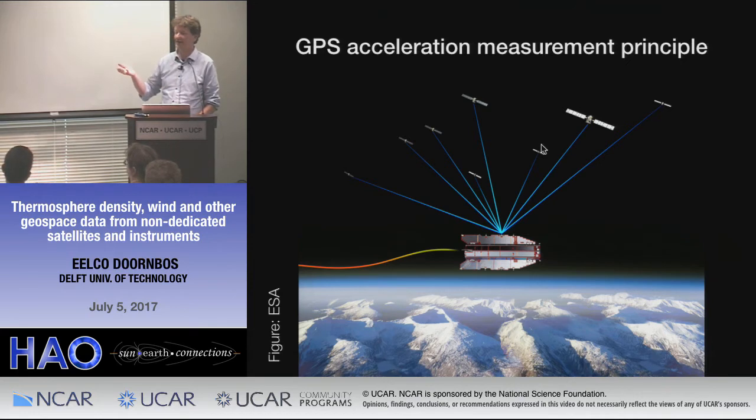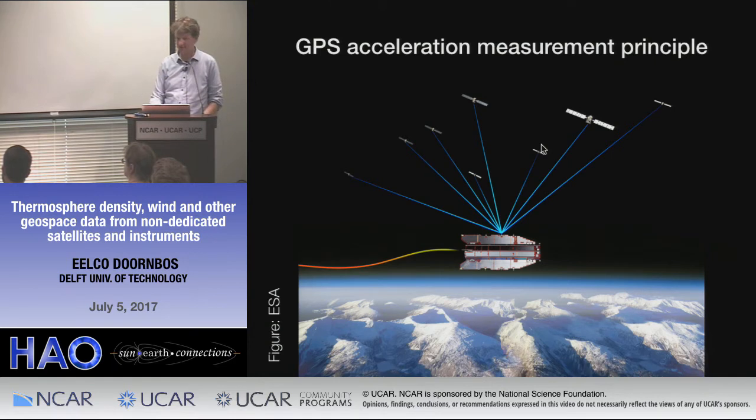Then we can compare these non-gravitational accelerations from the GPS with those from the accelerometer, and then we can combine them based on their frequency spectrum. So then we have a good measurement of the non-gravitational accelerations, both at long wavelengths and short wavelengths.